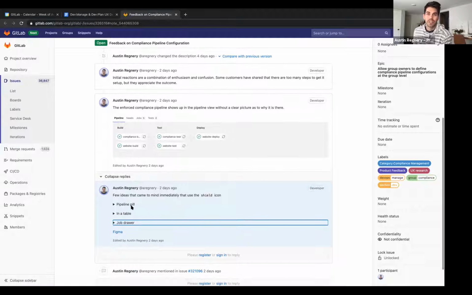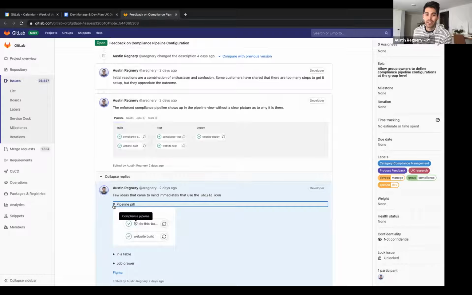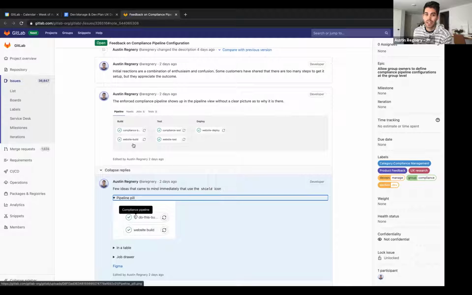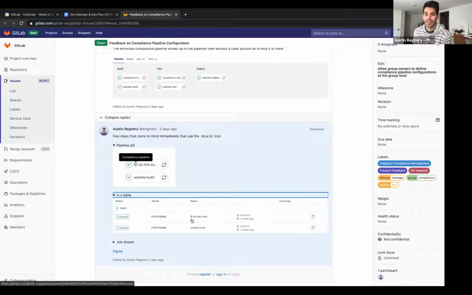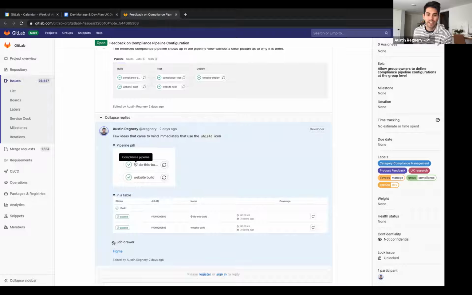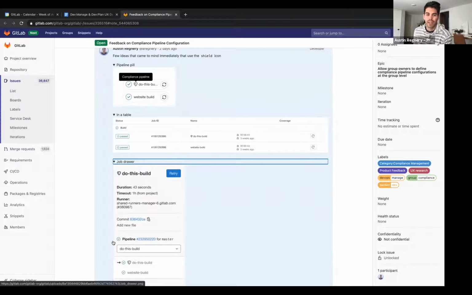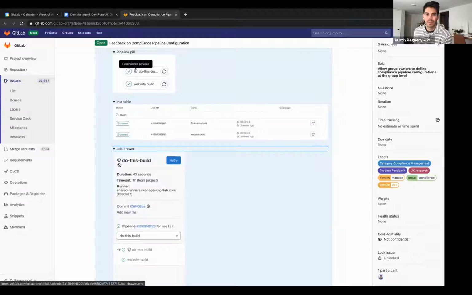So I was thinking through some simple ideas that we could do to differentiate the components from each other, just so that there's some sort of recognition for the user to know that it didn't come from their project, but rather it came from this authoritative source that enforced it. And I was curious if anybody had any other ideas of UI components I could use, or a different way to differentiate what pipeline came from a project or what pipeline came from this compliance source.